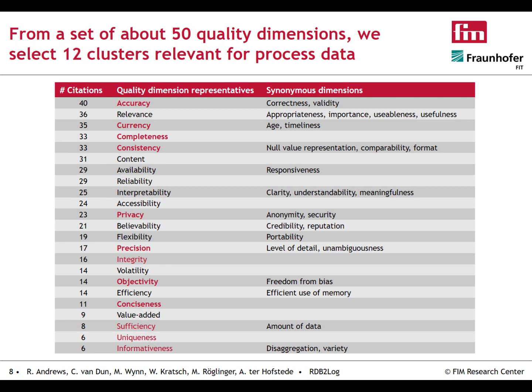So first of all, we've selected 12 quality dimensions that are probably relevant to process mining and that are also measurable with metrics that I'll show you in a moment. Those 12 quality dimensions are accuracy, currency, completeness, consistency, privacy, precision, integrity, objectivity, conciseness, sufficiency, uniqueness, and informativeness, which is a weird word, I know.